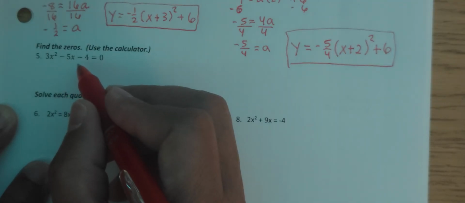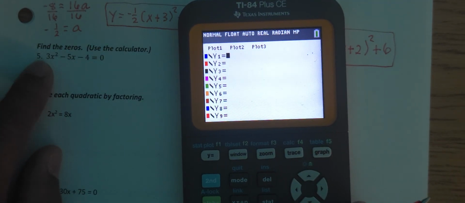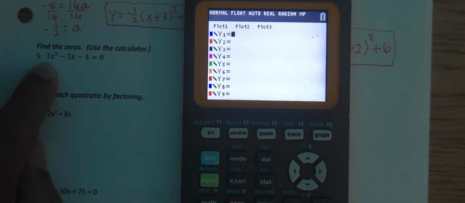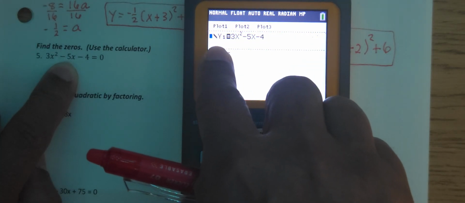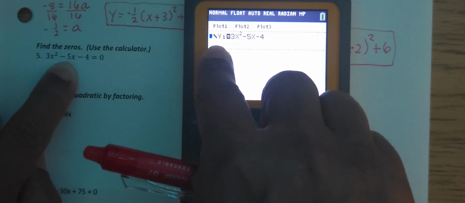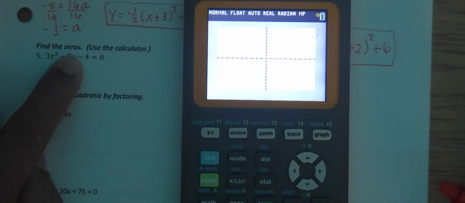So notice this is the y value, so I can go to y equals again and just enter this equation: 3x squared minus 5x minus 4. Understanding that the y value is 0, that's always the y value at the intersection of the x-axis. And that also explains here y is 0. Then I'm going to graph it.